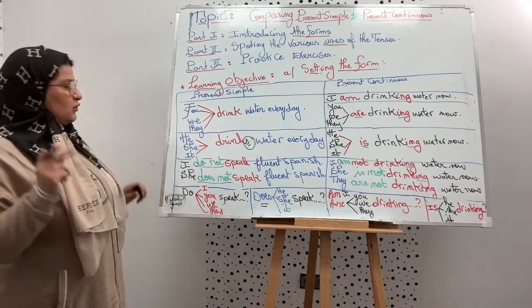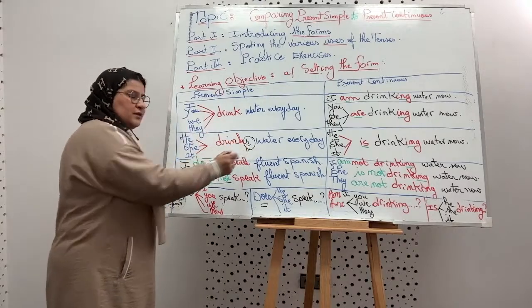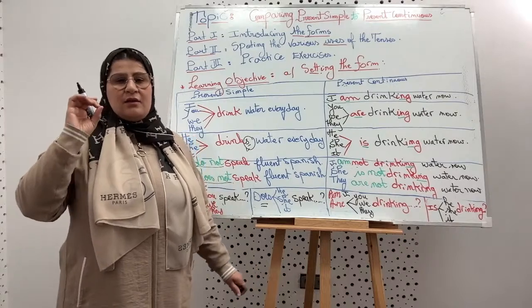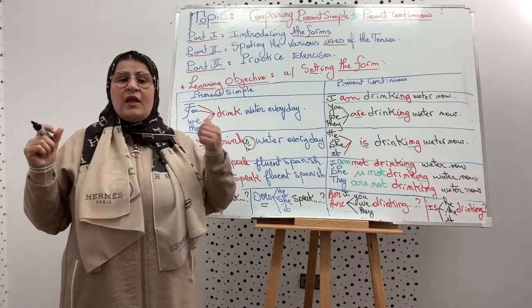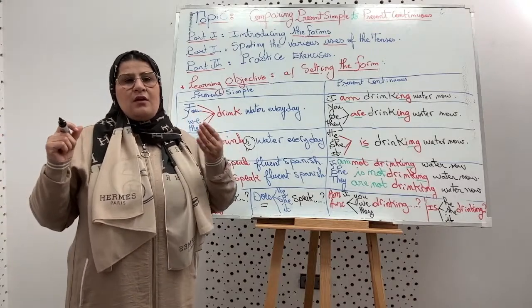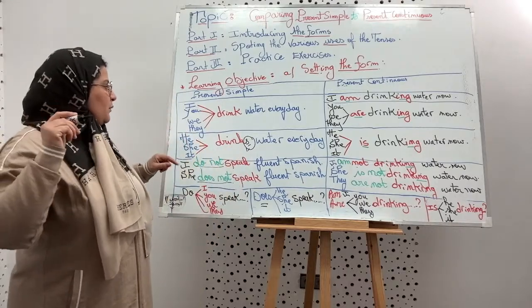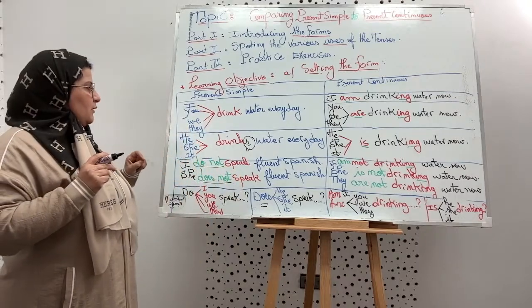And just bear in mind that not all verbs take an S. Some verbs in special cases take an ES, especially when the verb ends with CH, SH, O, double S, and X, and the Y preceded by a consonant.